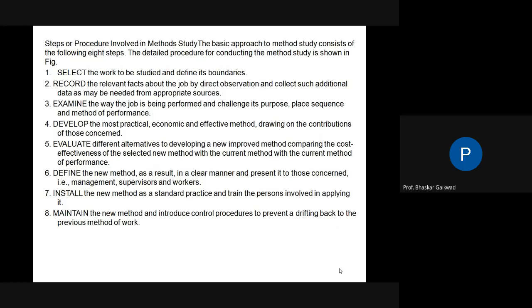So the first point, select the work to be studied and define its boundaries. Select work. For example, in our production centers, if you want to study the methods, then you can concentrate on the production center. Select the job. Which job is being manufactured in our production center?